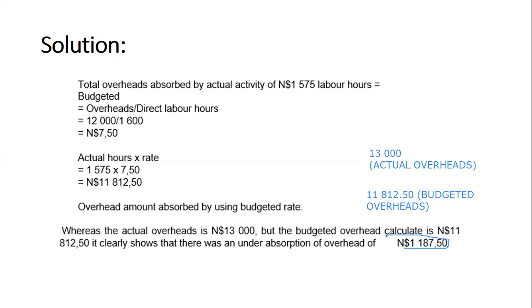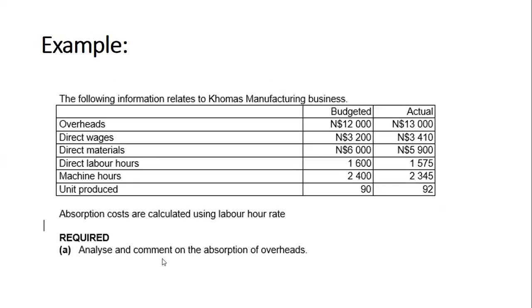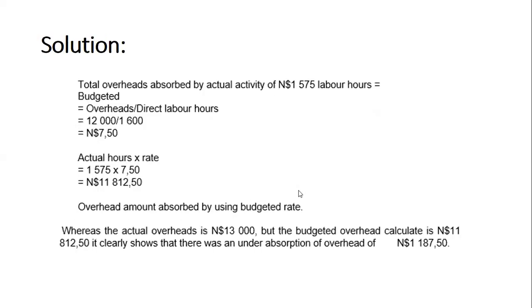To emphasize, we must pay more attention to which rate the business is using for the absorption cost. In this case, the business is using the direct labor rate, which means we must take the budgeted overheads and divide by the budgeted direct labor hours.